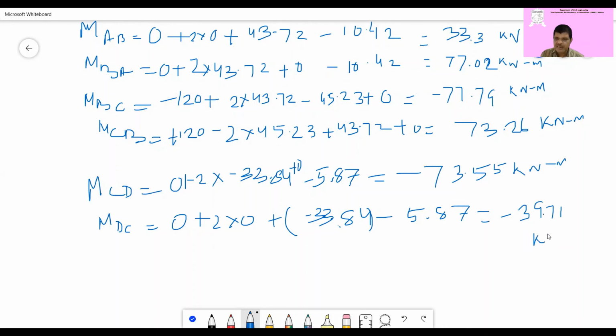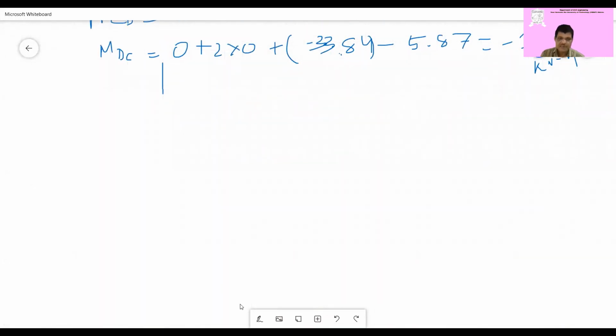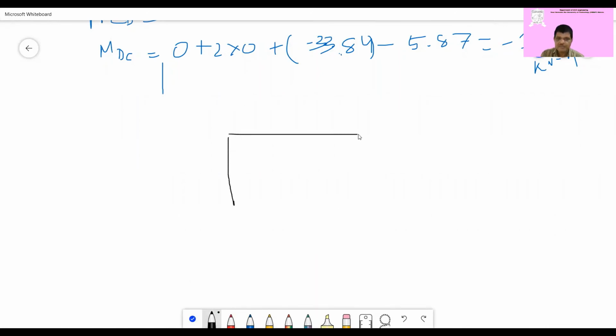So now once you find the moments, you can draw the bending moment diagram. So what is the bending moment diagram now? Let me draw if you are not drawing. Now the bending moment diagram can be drawn. So this is your problem. Now here it is AB clockwise.